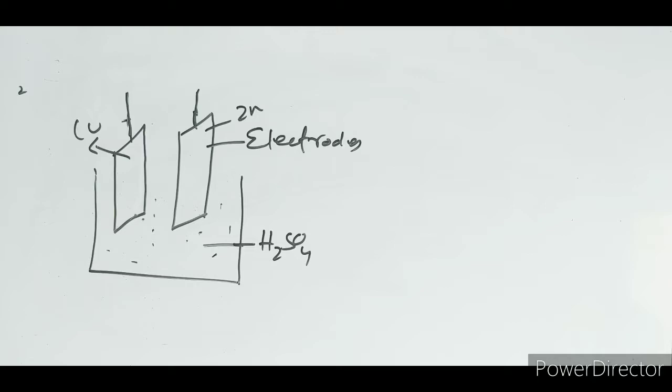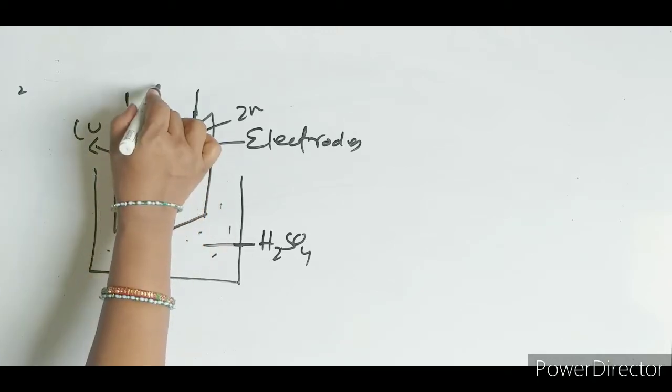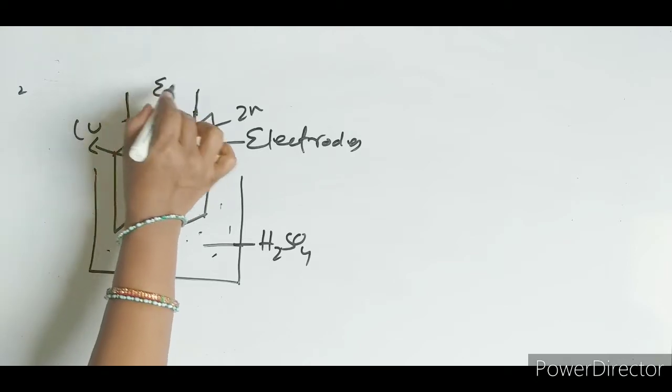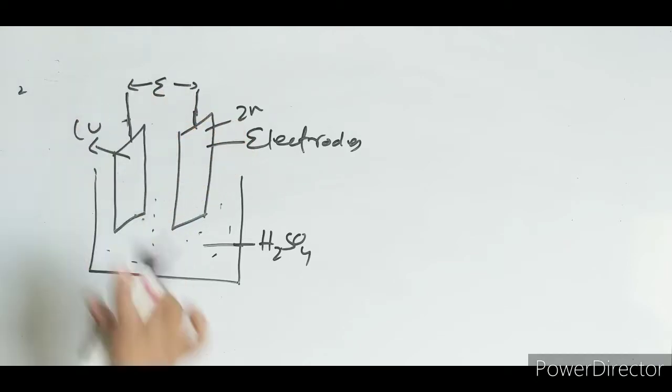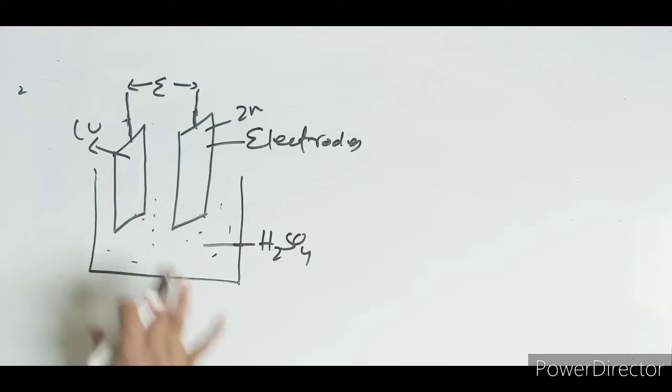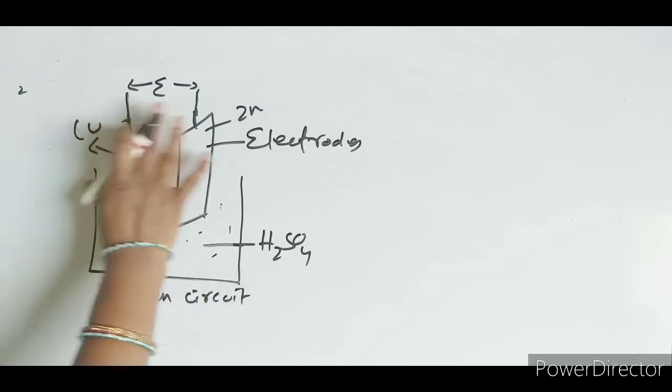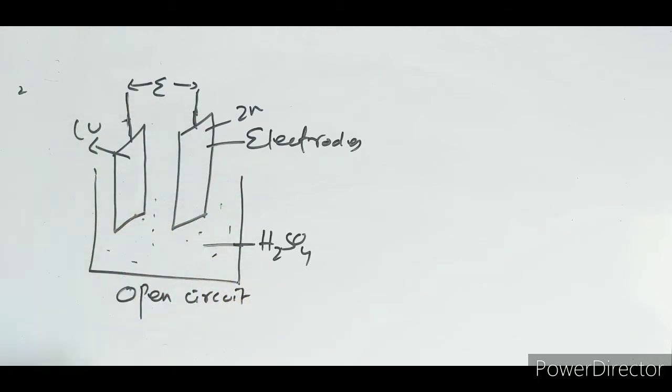Clear? Whatever the potential difference between these two is, that will be your EMF. No current is drawn now, because it is not connected to an external circuit. So this is said to be an open circuit. This is the structure of a cell.